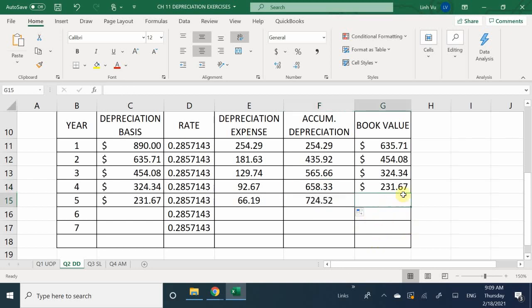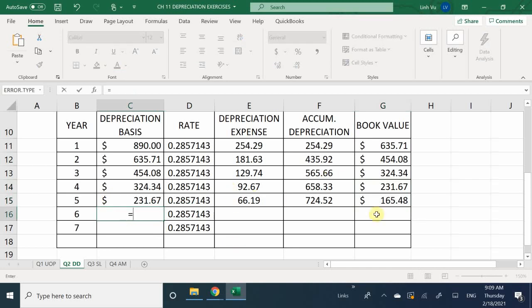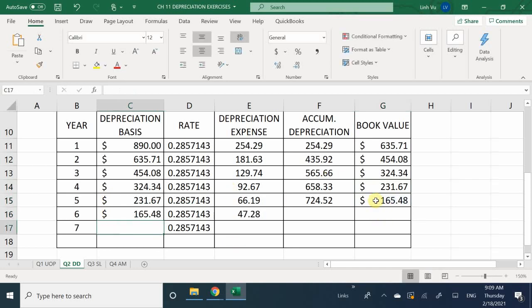And then lastly, what is going to be my book value? 165.48. Good. That means we can keep going because we haven't reached salvage value yet, nor did we reach the end of its life yet. So here I placed in my 165. Excel can see what I'm doing.